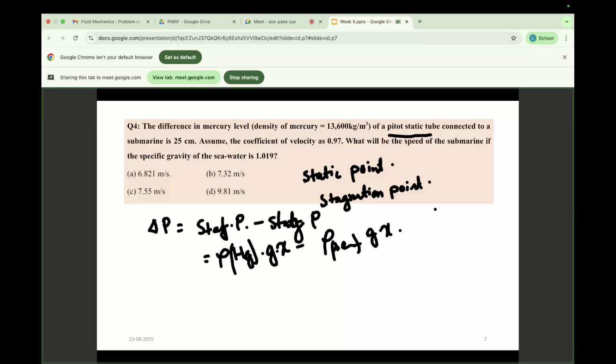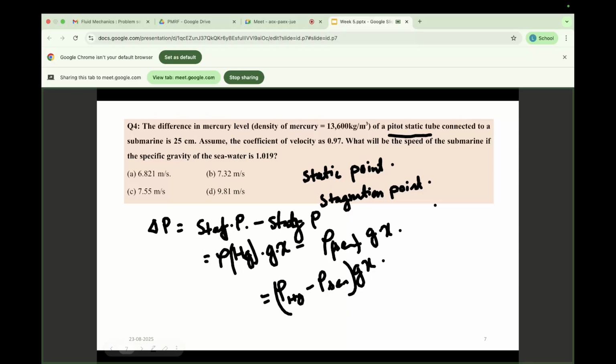So that thing is clear. So I can write this means (rho Hg minus rho C) into g x. So you can find the difference.